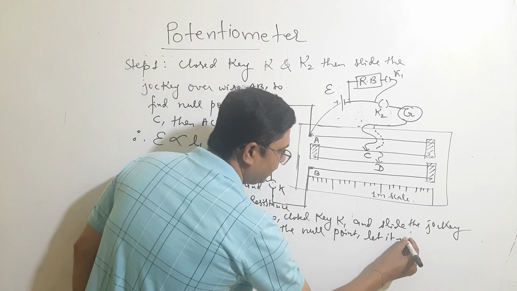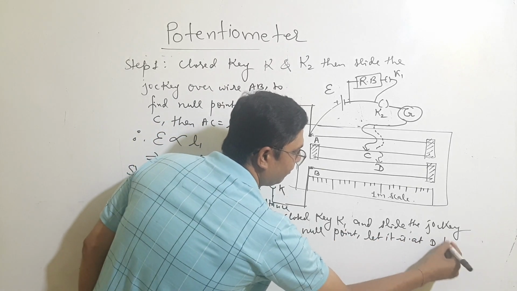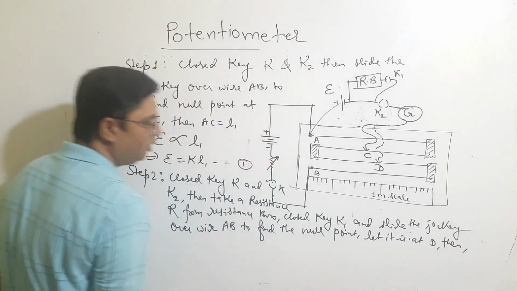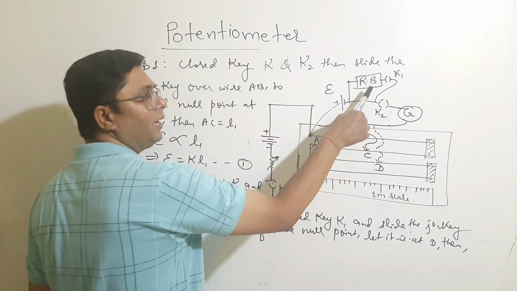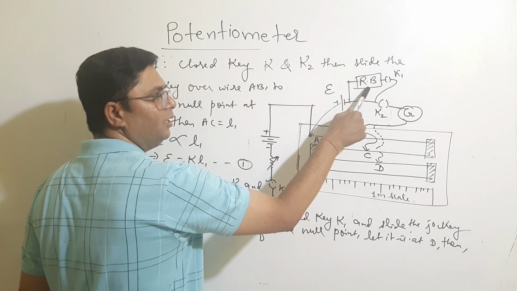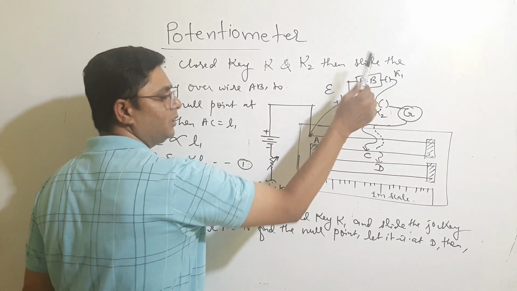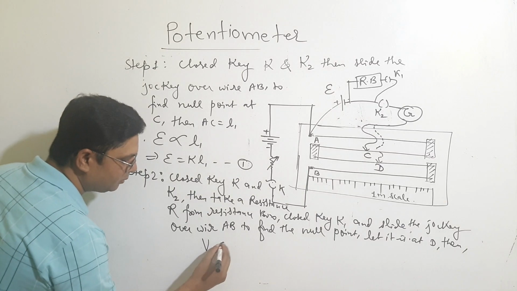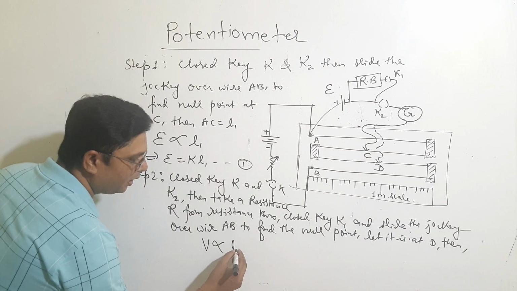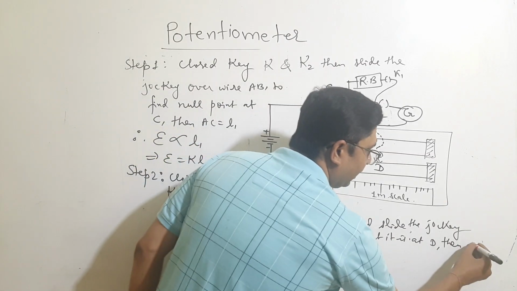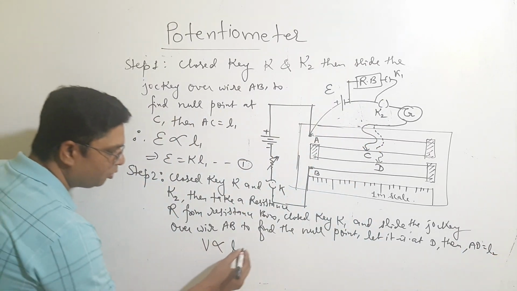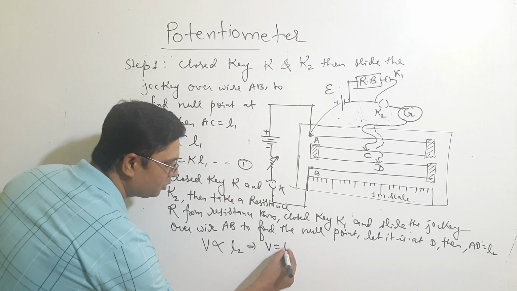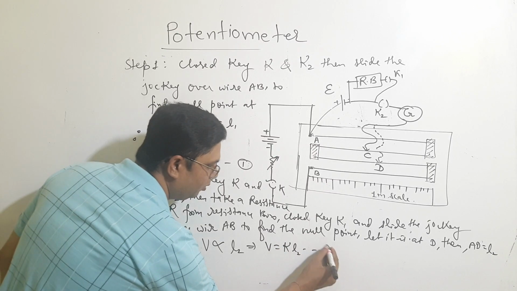Let it be at D. Now EMF E becomes potential V because we have applied the resistance R, so some current must enter this resistance. So V is proportional to L2. Here AD equals L2. So you have V equals KL2, equation number 2.